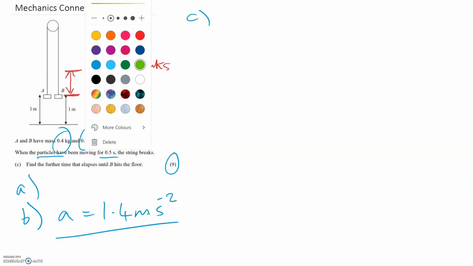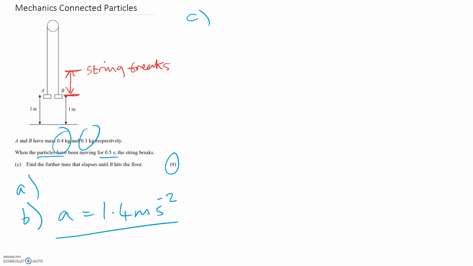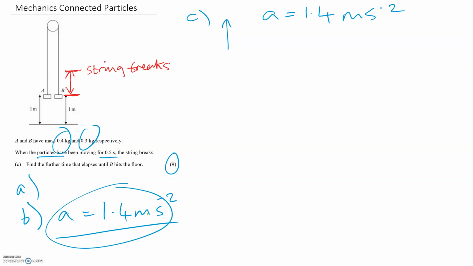The distance travelled before the string breaks. Before the string breaks, let's work out how high up B has gone. Let's take up as positive because it's going up. A is 1.4 meters per second squared. We know that from part B of the question. We know it's released from rest, and we know that T is 0.5 seconds.